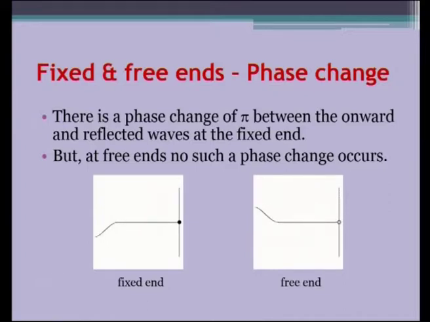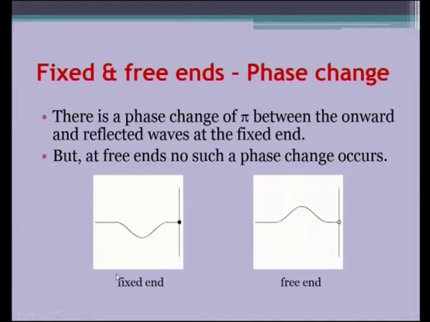There is a phase change of pi between the onward and reflected waves at the fixed end, but at the free end no such phase change occurs. So, that is the implication of the reflected wave when it is travelling in a single stretched string.